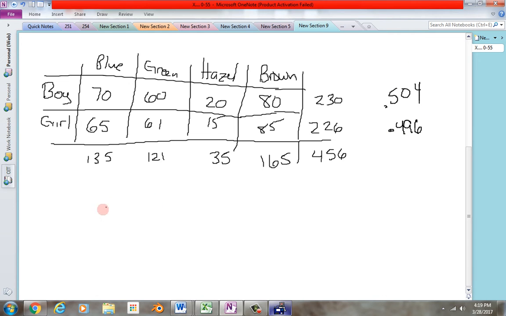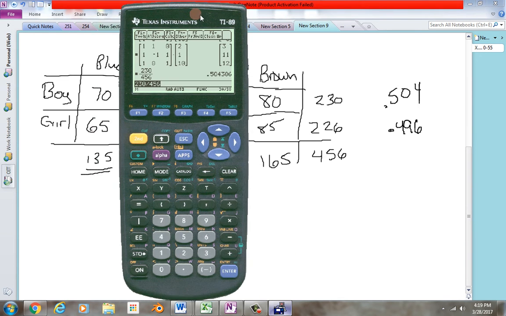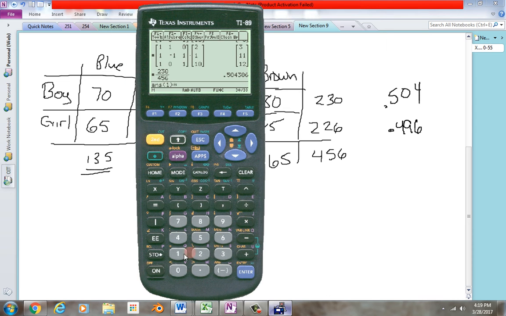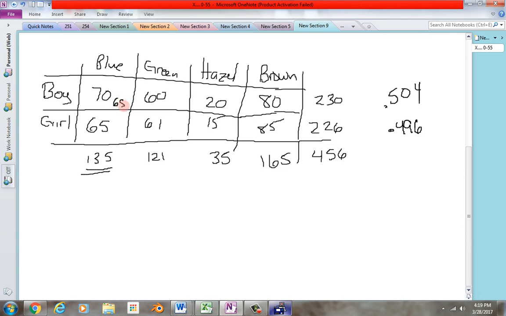So then the question would be, of the 135 people with blue eyes, what percent should be boys? Well, I feel like it'd be 0.5 times 135, yes? And that says 68. In other words, I would expect basically 68 blue-eyed men. That means the other 67 would have been women, yes? Because these also must add to 135.